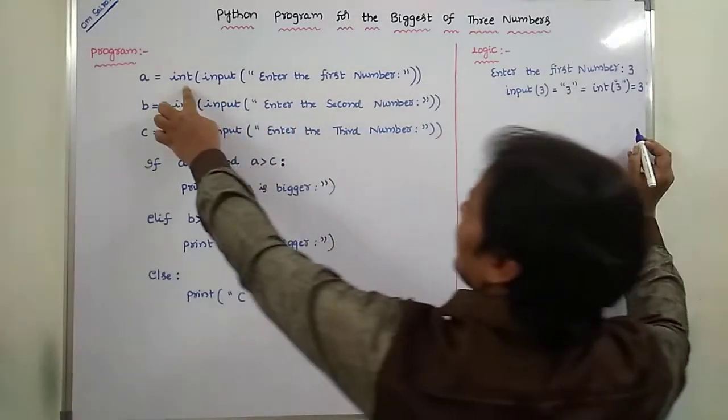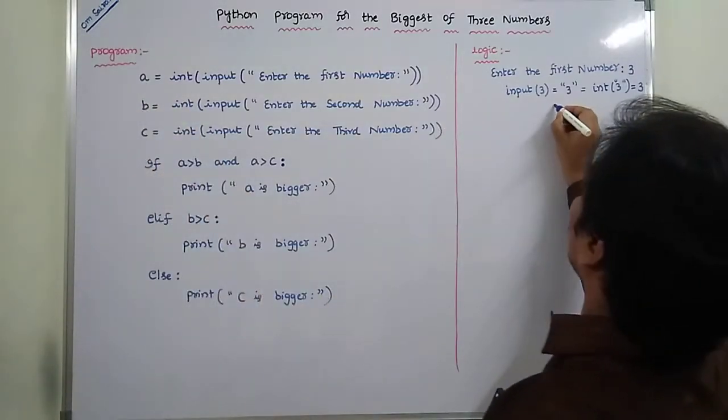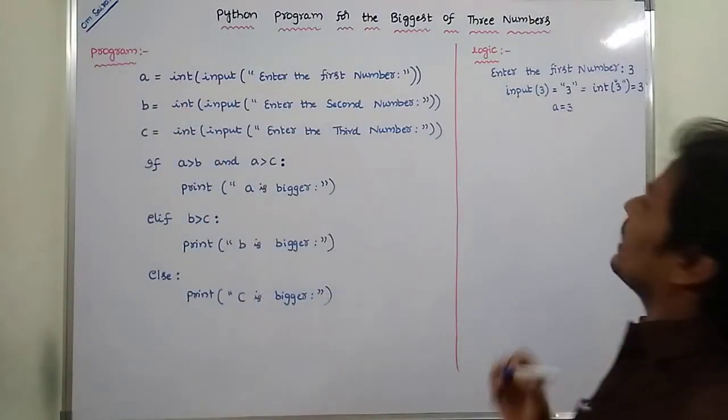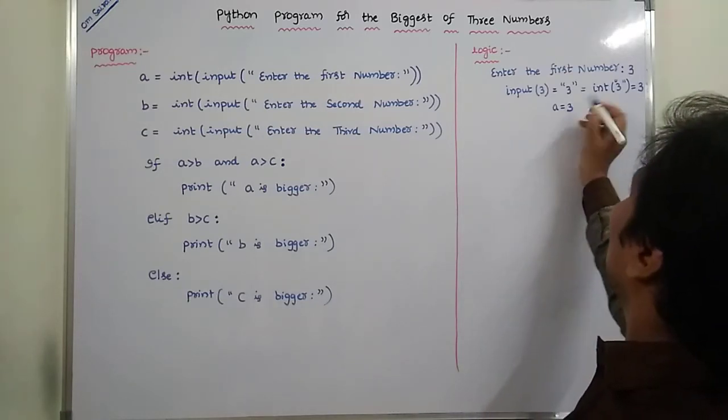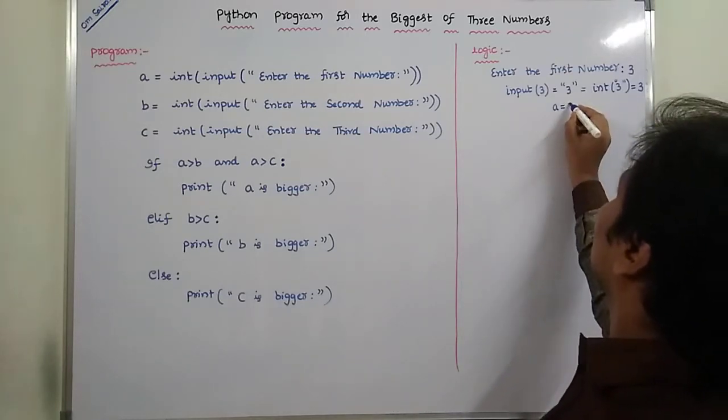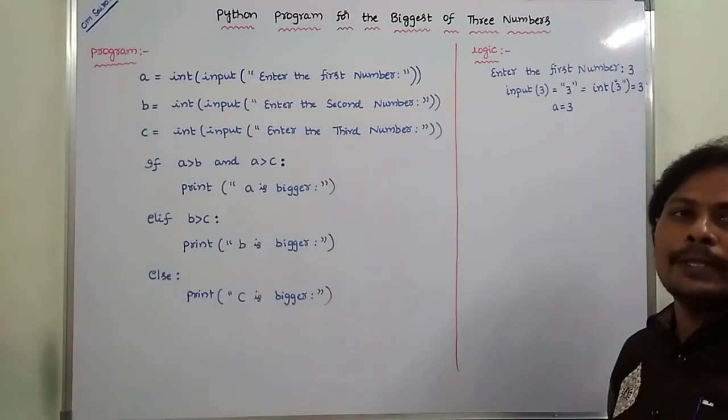Now this integer is assigned to the variable on the left hand side, so a is equal to 3.